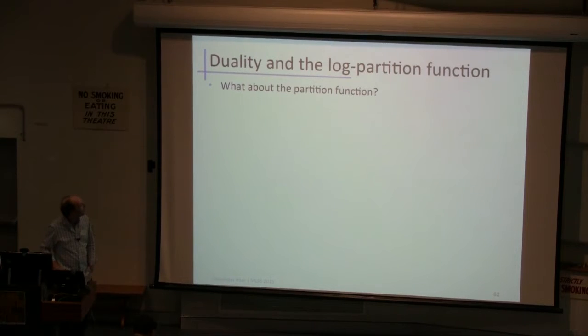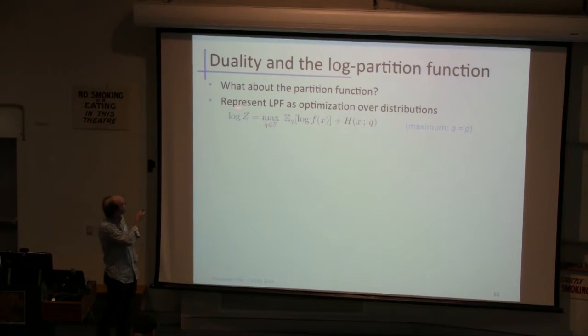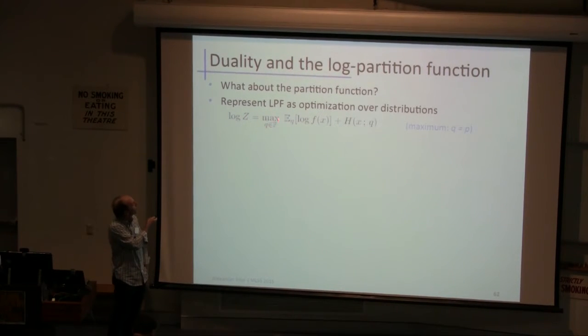It turns out that this variational idea gives us the way of connecting those things. So the log partition function also has a variational form, very much like the variational form for maximization. The partition function can be formed as an optimization over distributions Q of something similar to maximization, the expectation of log F, but now plus an entropy term.